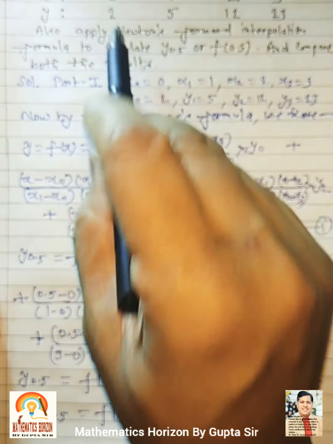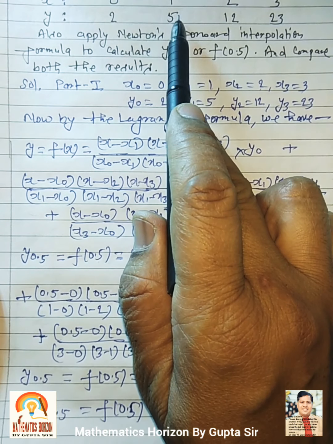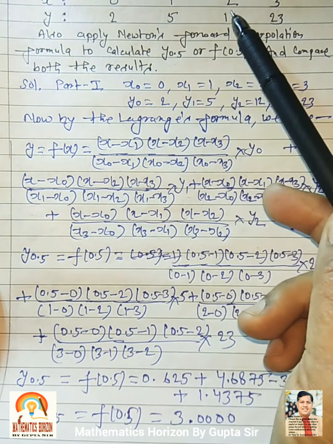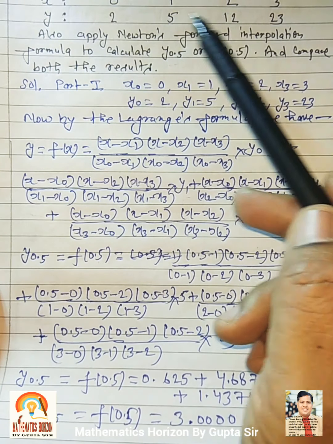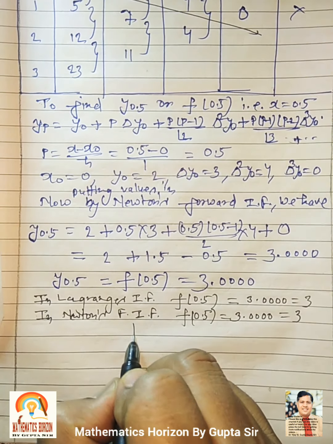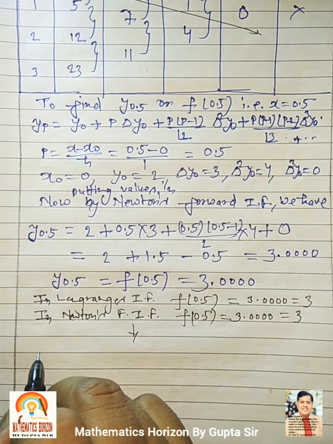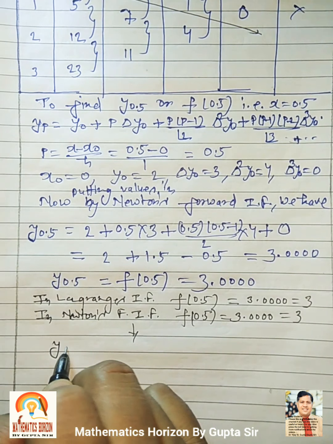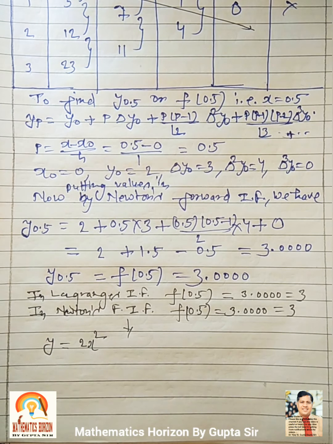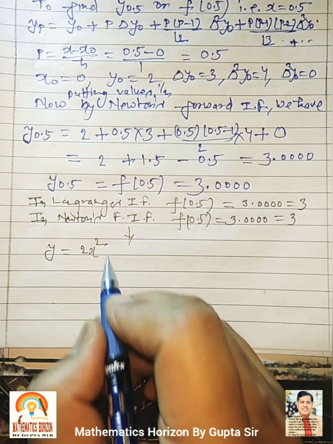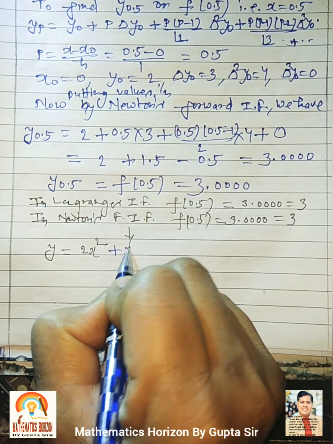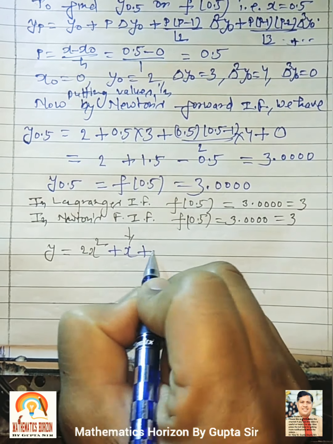Okay, now we compare these results. Here these values are connected. It is not necessary to see, but these values are all connected by the function 2x square plus x plus 2.